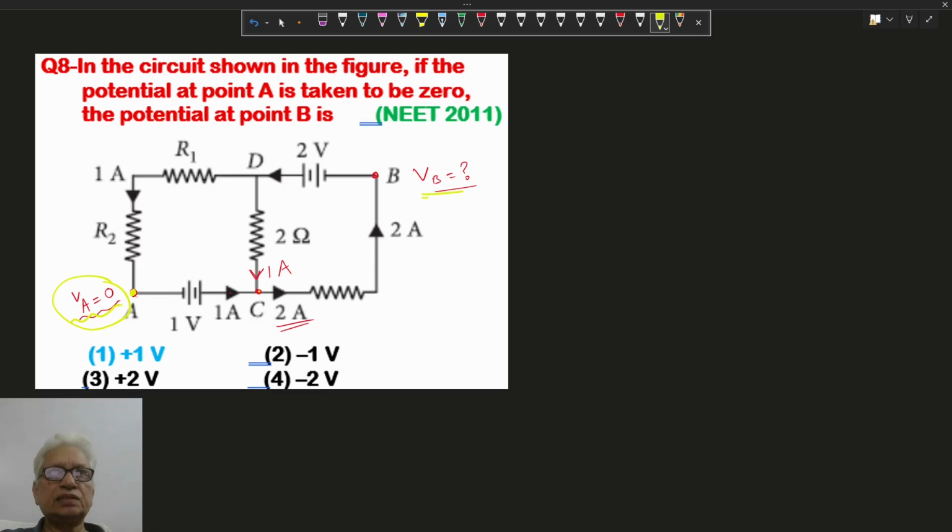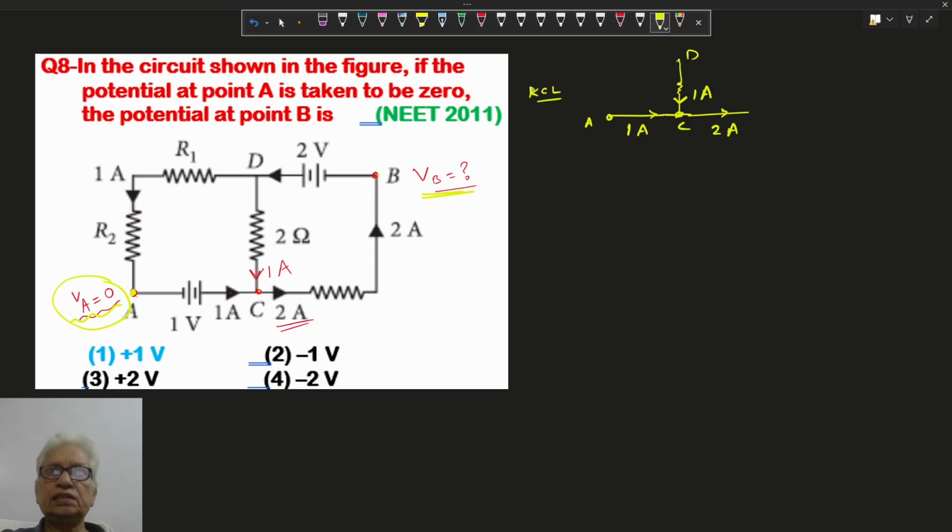We have to find the potential at B. So using Kirchhoff's current law, here I1 is 1 ampere current from A to C. On this side, 2 ampere, but 1 ampere current flows from D to C. So 1 ampere plus 1 ampere is 2 ampere. So the currents are satisfied.